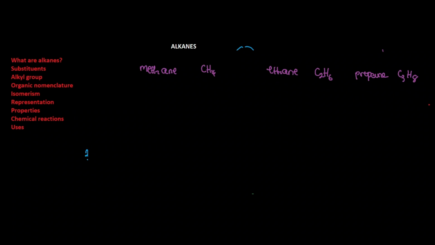Now, if we are to draw out the Lewis structure of these three compounds, now of course we are already getting into representation. Now, if we are to draw out the structure of these three organic compounds, this would be represented in this way, and this would be represented in this way.